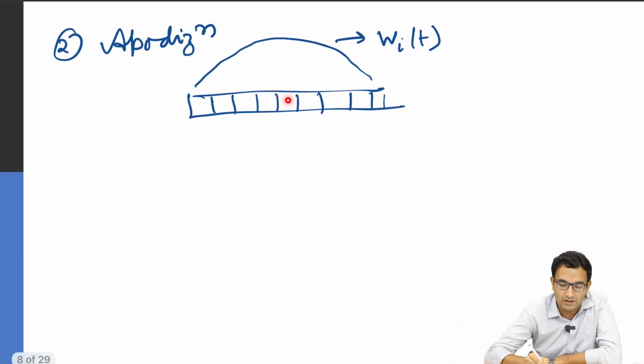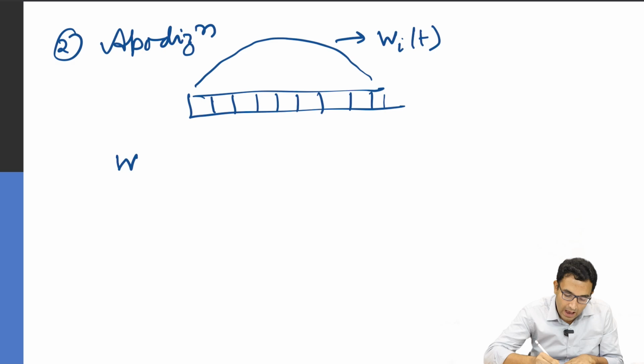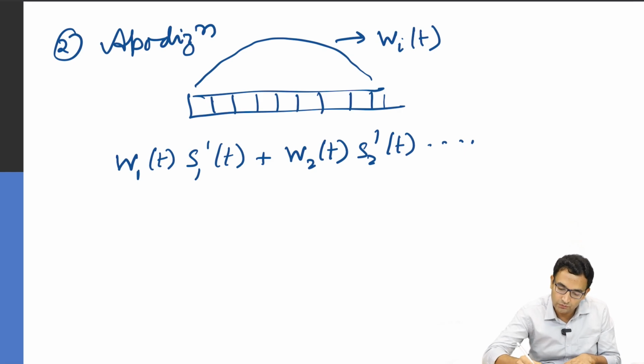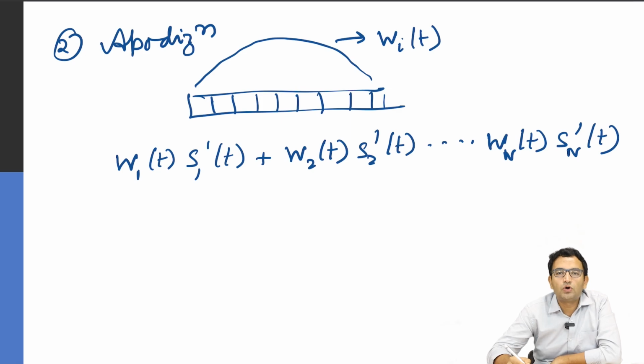What this tells me is that the center elements have the highest amplitude and the lowest amplitude is for the peripheral elements, right? So if the weight Wi of t represents W1 of t, S1 prime of t plus W2 of t, S2 prime of t, and so on and so forth, I sum all the way up to Wn of t, Sn prime of t. So this is my signal, which is also apodized with proper apodization weights.